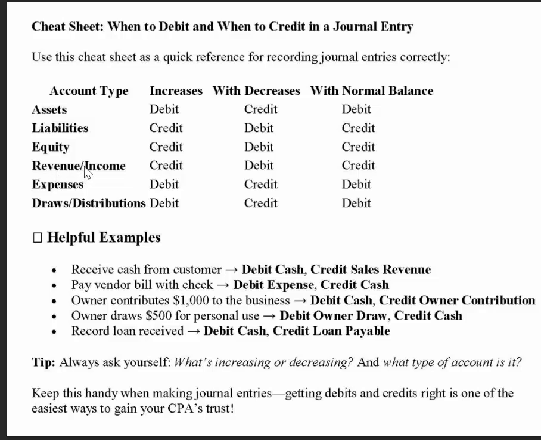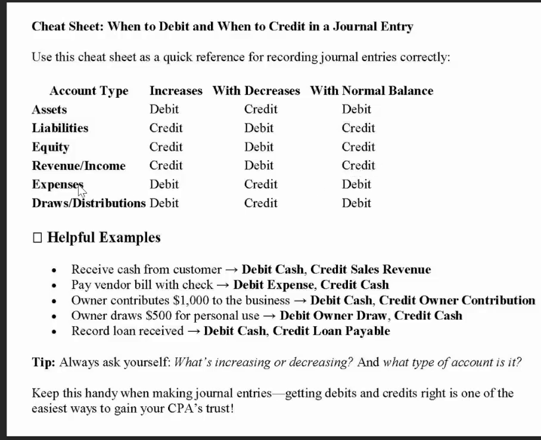Revenue and income, when you sell something or somebody gives you money that you have to claim, then that's a credit. With the decrease, it's a debit, if you pay out money, if you return money to people. And the normal balance is a credit.